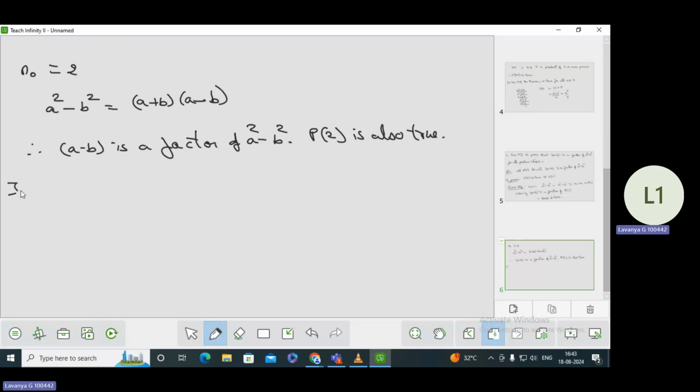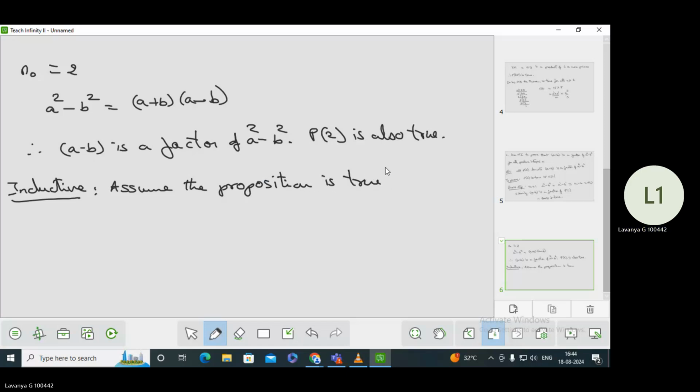Now, inductive step. Assume the proposition is true for all integers up to k.